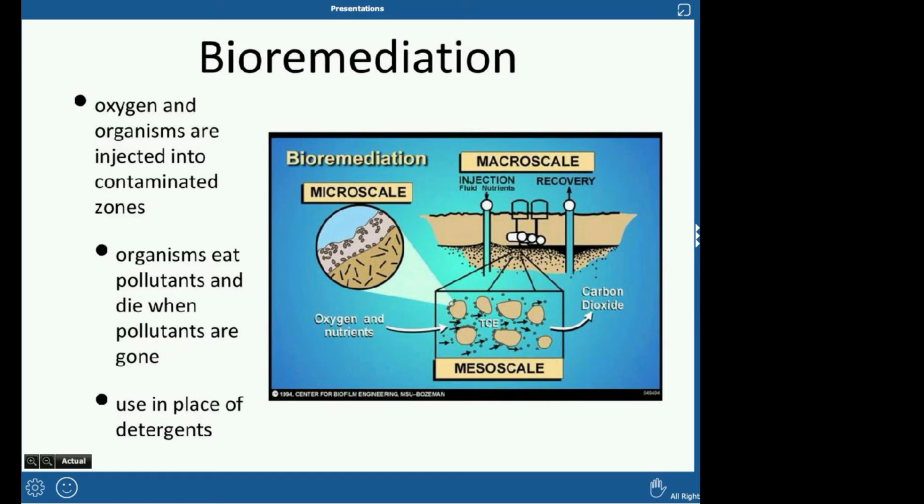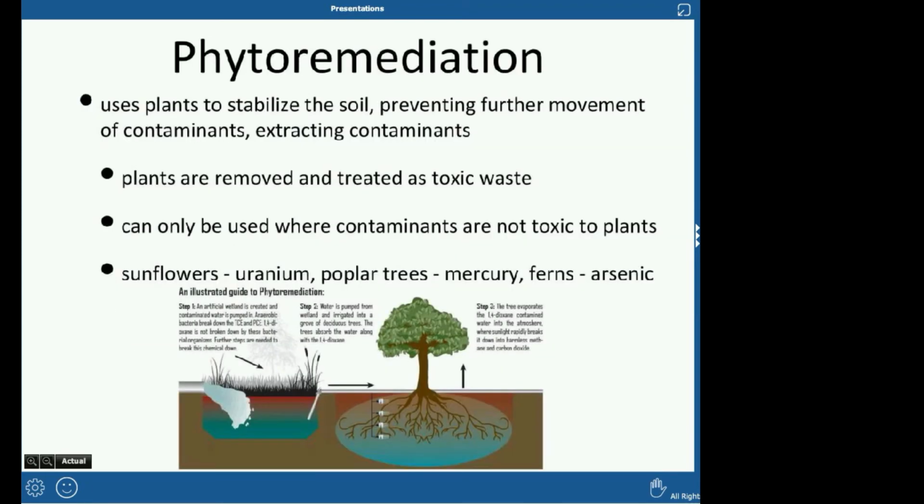So basically, bioremediation is when you take an organism and inject it into the contaminated zone, or if it's a plant, you plant it. And then those organisms basically eat the pollutants, and then they die when the pollutants are gone. And then you can just scoop up the plants or whatever, and then you can incinerate those and send those to the secure landfill. But at least you don't have to put detergents and other cleaners into the soil. So it's kind of a natural way to do this.